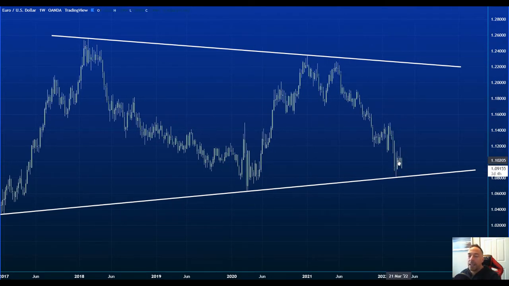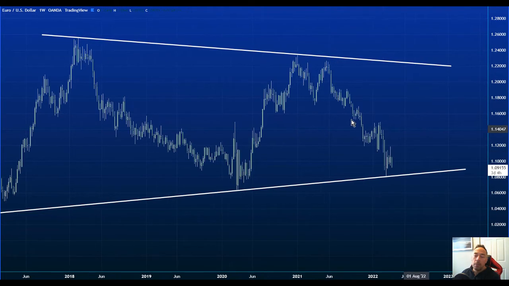We could be seeing that here. Obviously on this time frame, it's still a bearish chart. We haven't really changed cycle yet, but with the dollar index where it is, it could be an opportunity to buy euro dollar, depending on what happens.